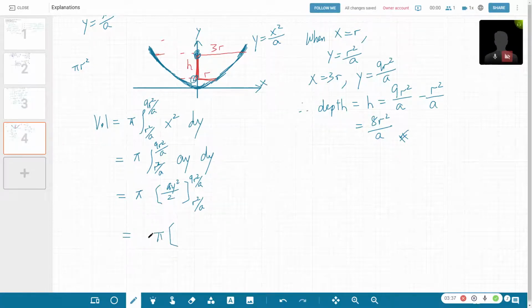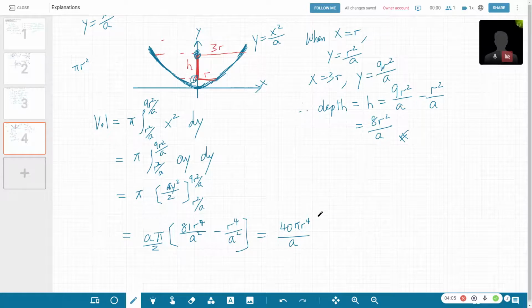I can take out the a over 2 because it's a constant, so it makes things simpler. You're just left with y squared. So 81r^4 over a squared minus, then we sub it in, r^4 over a squared. So I'm left with just 80r^4 over a squared. 80 divided by 2 is 40, and then you get 40 pi r^4 over a, because the a over a squared cancels out to become a. So this is the answer, with units cubed.